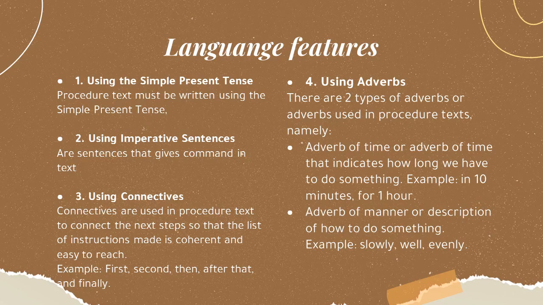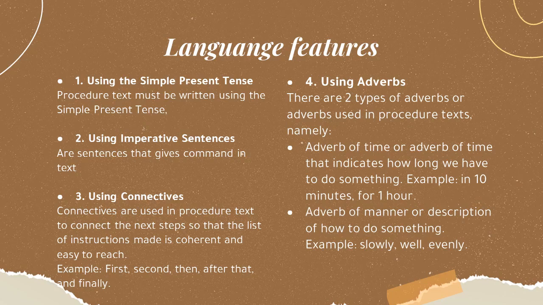We usually use these connectives in the steps part. As you can see, in the steps part, there are many connectives. And the last is using adverbs. There are two types of adverbs used in procedure text, namely adverb of time, which indicates how long we have to do something, for example in 10 minutes, for one hour. An example sentence is: cook the food in 10 minutes.